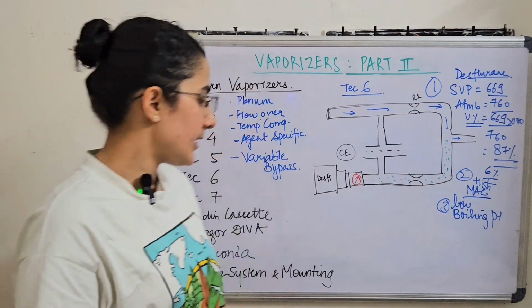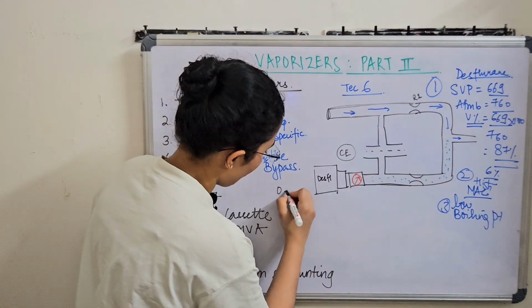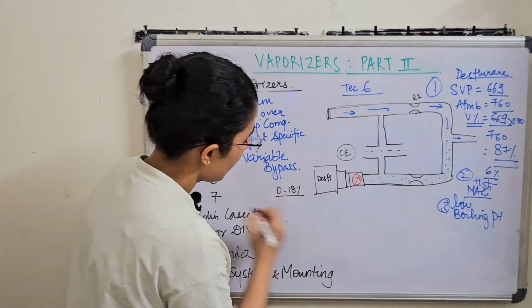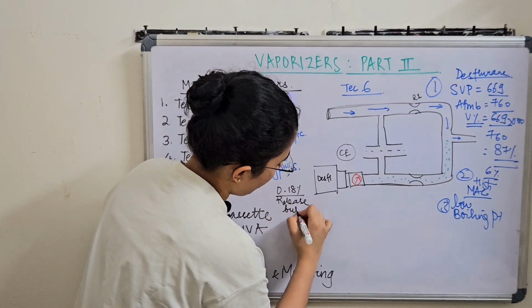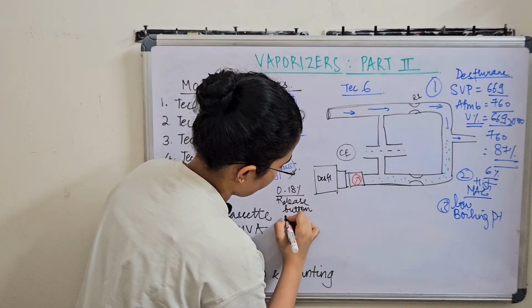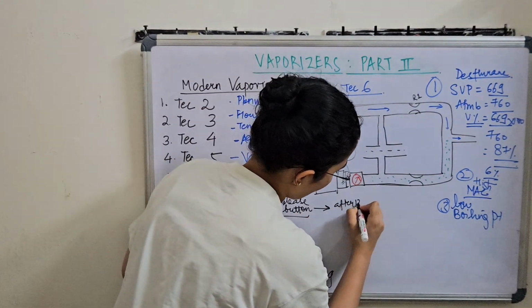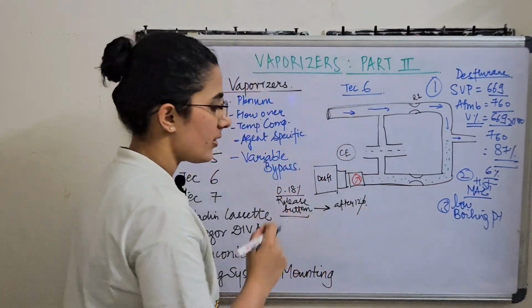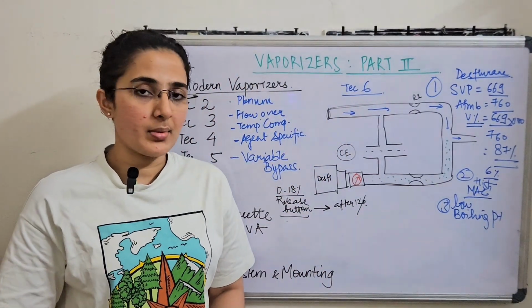The usual Tec 6 vaporizer has a dial from 0 to 18%. It has a release button, which is activated after 12%. You will have to press the release button in order to increase the concentration beyond 12%.